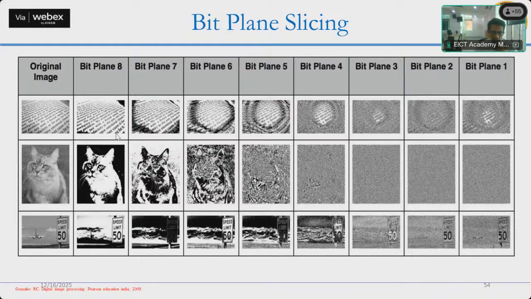Here what is important in the image part is that whenever you do any operation, you are able to notice the same type of change in all the images.